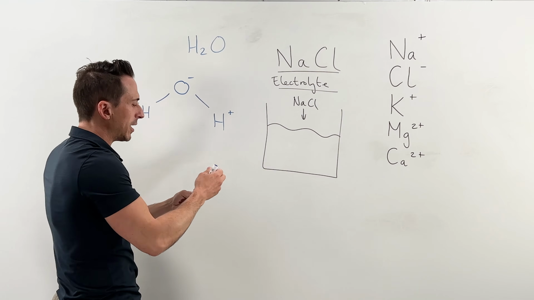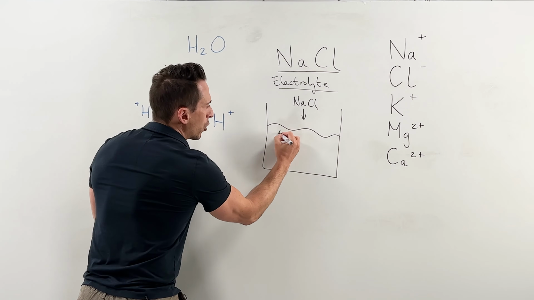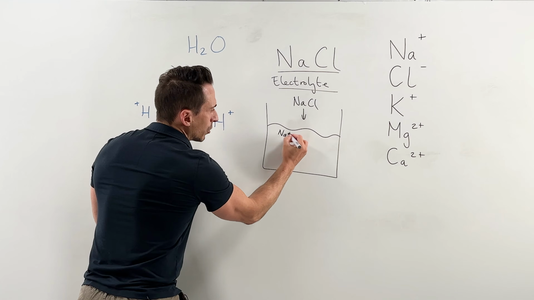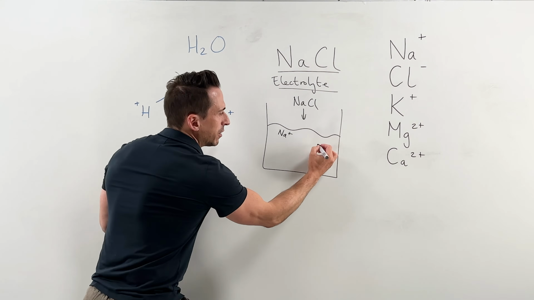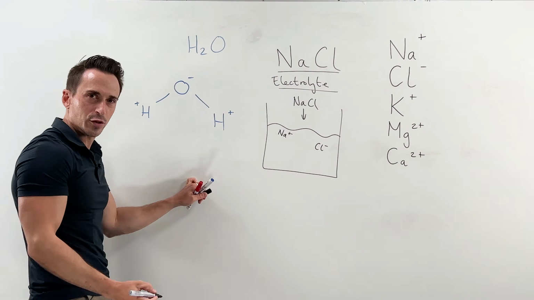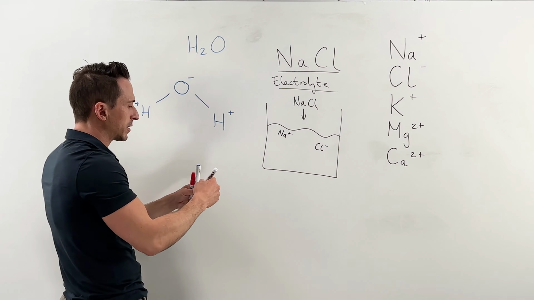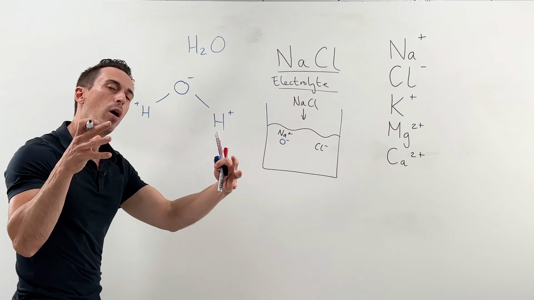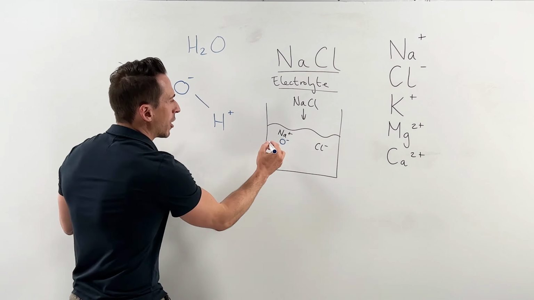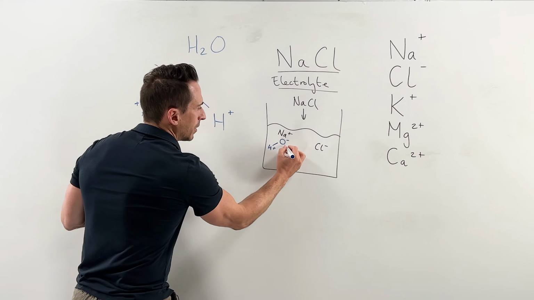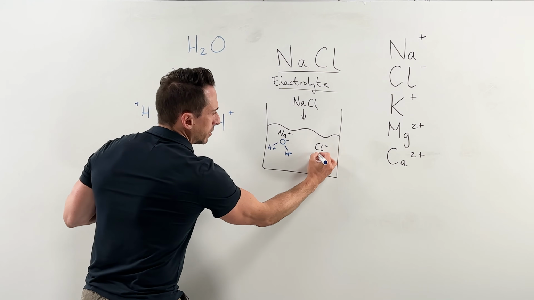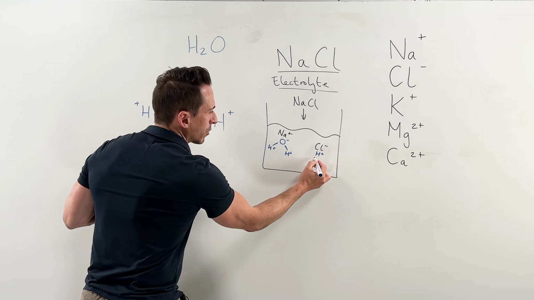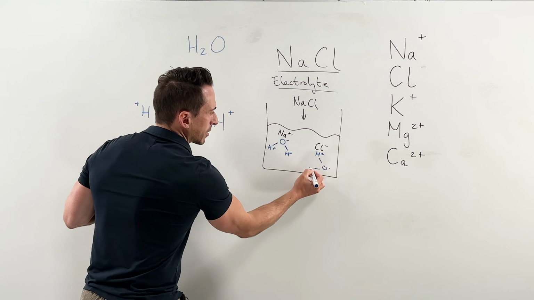And what you end up getting is the individual sodium will have that positive charge, the individual chloride will have that negative charge, but that's okay because the negative oxygen of the water will bind with that sodium ever so slightly, and the positive hydrogen of the water will bind ever so slightly to that of the chlorine.